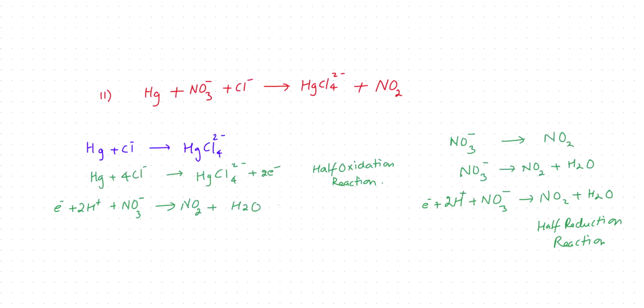So we have 2 electrons here, we have 1 electron. So we multiply this equation by 2. So it becomes 2 electrons plus 4H plus 2NO3 and 2NO2 plus 2H2O.